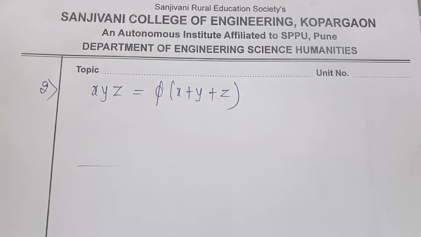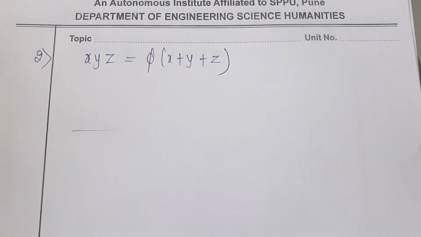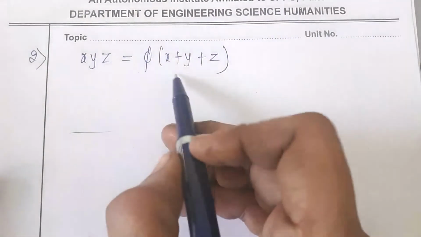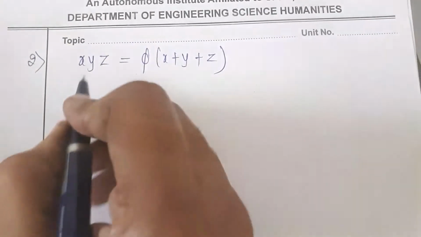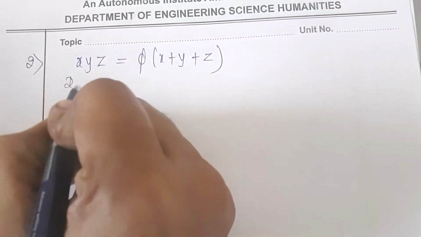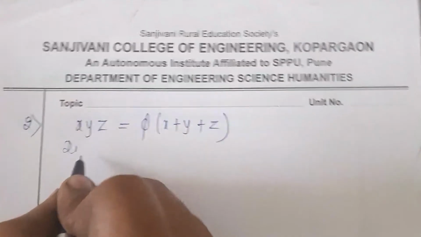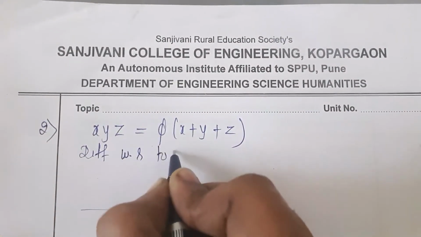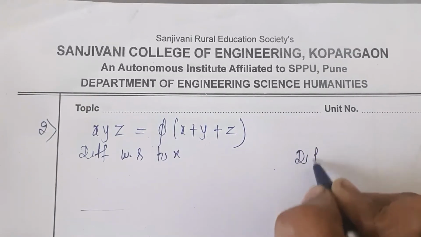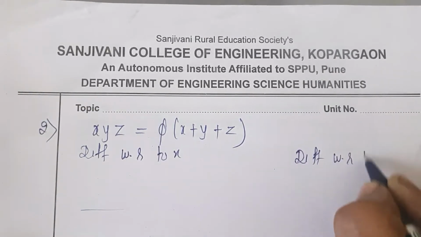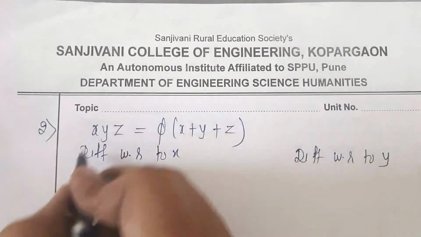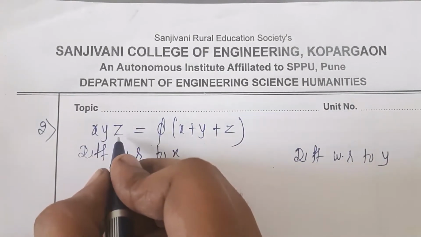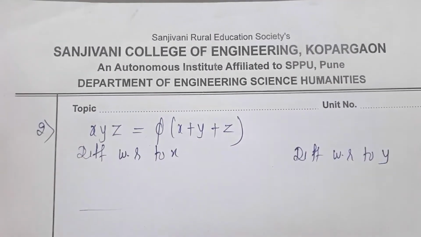Second example is xyz is equal to phi of x plus y plus z. To eliminate this phi, we differentiate first with respect to x, and then differentiate with respect to y. So differentiation of xyz, where z is the dependent variable which depends on x and y.